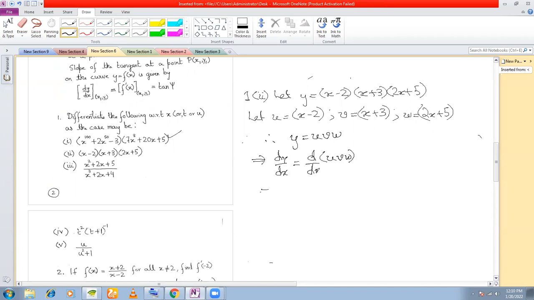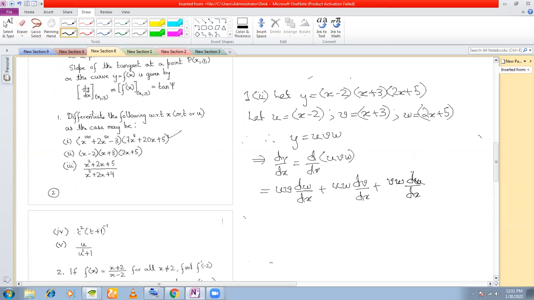And the UVW rule, you know, is: take the first two, differentiate the third, then take the first and the third, differentiate the second, and then take the second and the third, differentiate the first. This is UV dw/dx plus UW dv/dx plus VW du/dx.